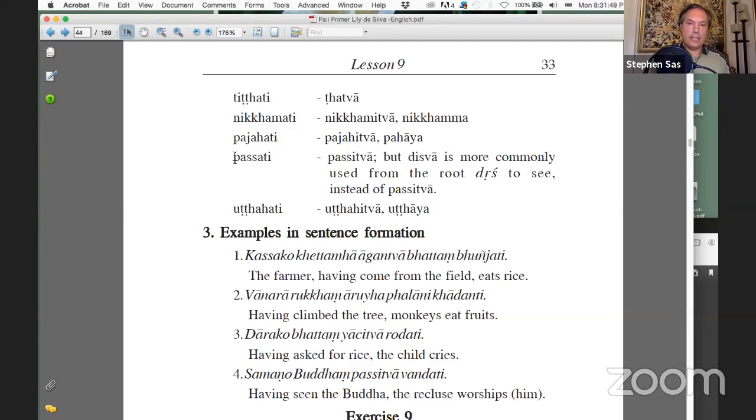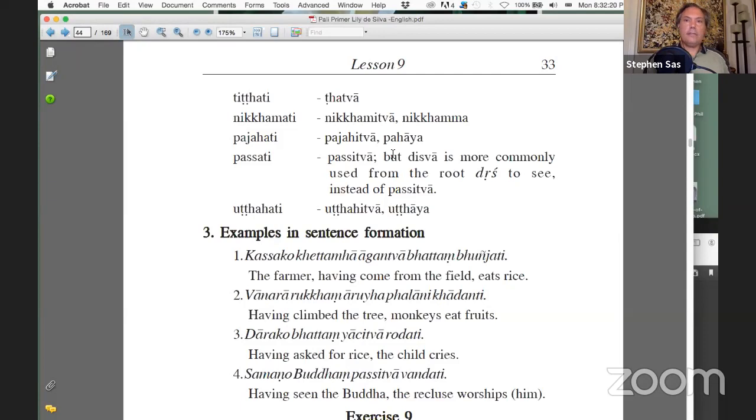I mentioned again in our last class, to repeat, that Pali has this special form of the root drish, which has the sense of to see. It's very common in Pali. It's the root that has the word ditthi, view, associated with it. And so in Pali we have the present tense passati, to see, which is related to the word, as you all know, vipassana.